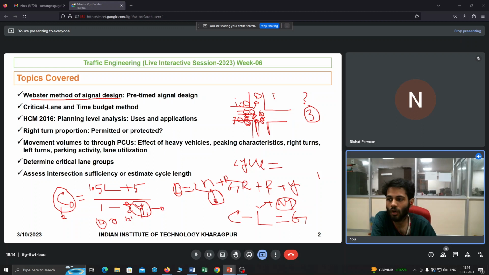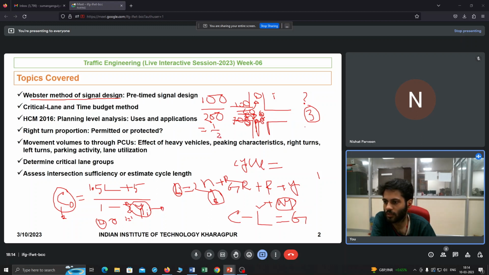So that's why there is a term called the saturated volume, which is different from your actual capacity, right? Based on saturated headway, suppose your volume is 100 and your saturated volume is 200. So your ratio is half, 0.5.